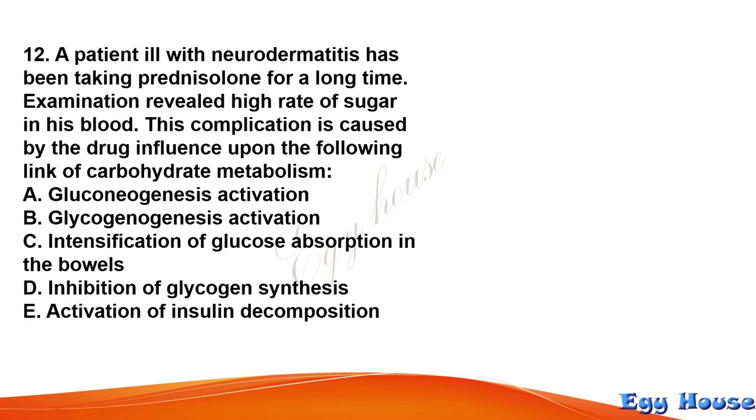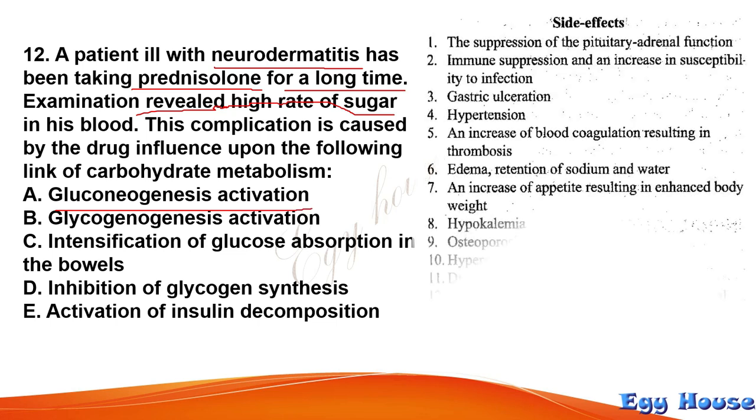The patient with neurodermatitis was taking prednisolone, and neurodermatitis can be an autoimmune disease. So prednisolone is taken to decrease the level of immunity and hence prevent the exacerbation of neurodermatitis. He was taking prednisolone for a long time, and examination revealed high rates of sugar in his blood, and this is because of gluconeogenesis activation.